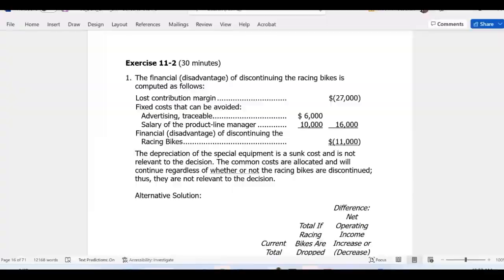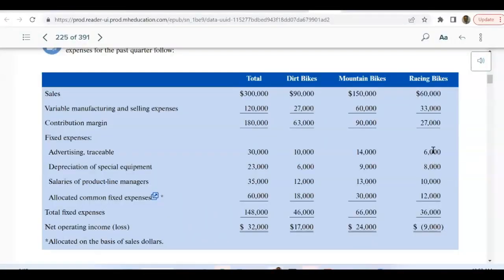Let me show you one more time. So here you see that $6,000, you can save it if you discontinue. You cannot save the depreciation. Depreciation will happen no matter what because you already purchased the equipment, has no resale value, and it will happen. But next thing you can save is the line manager. So you can save the $6,000 and you can save the line manager. Okay.